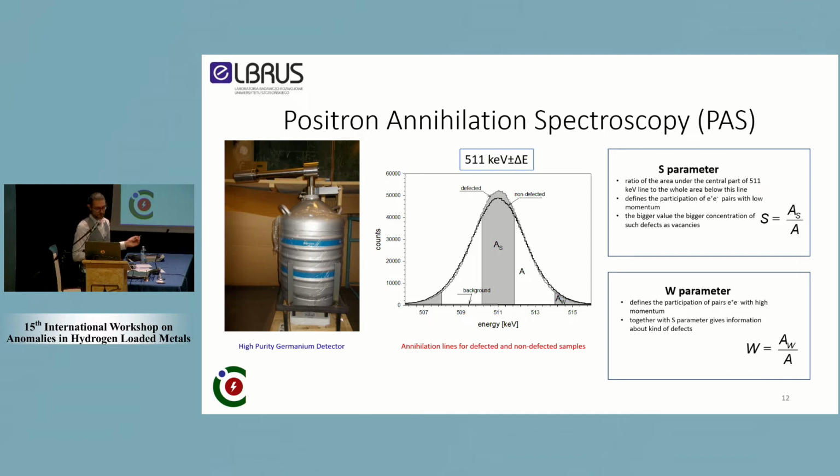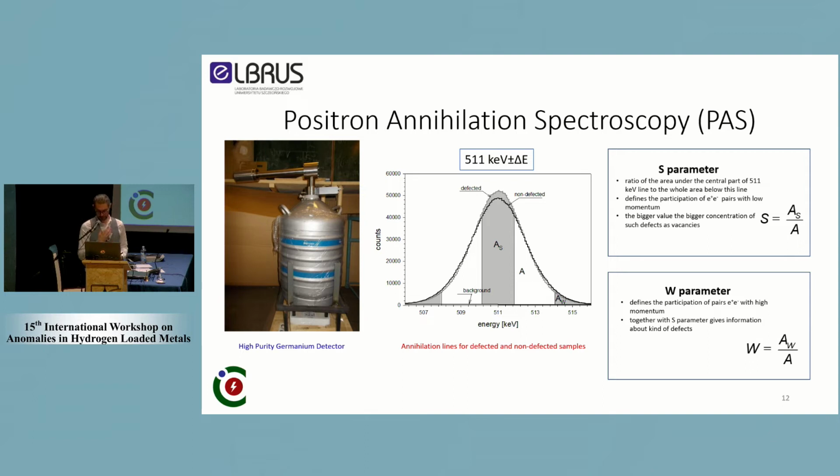On the 511 keV line, we have here basic peak showed. We have two different parameters that are extracted from it. The S parameter, which is the most prevalent parameter, will give us the ratio of area under the peak.